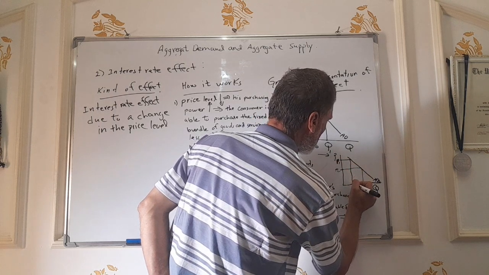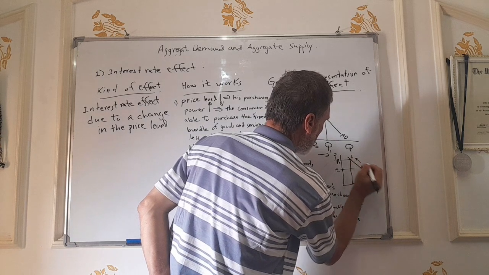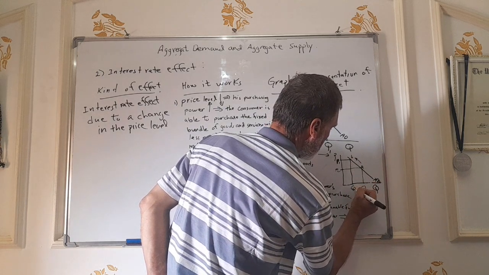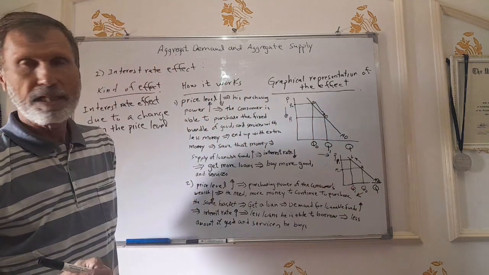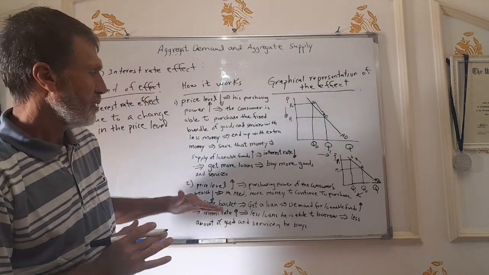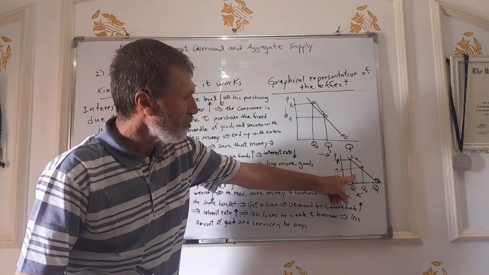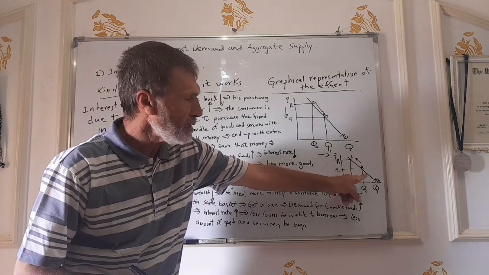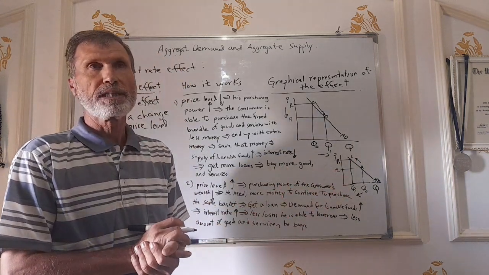The quantity demanded goes down to here. So I get A, B, and as you can see Q1. So this is what we see: when the price level goes up, you get a movement up along the aggregate demand curve, which implies a lesser quantity of goods and services is demanded.